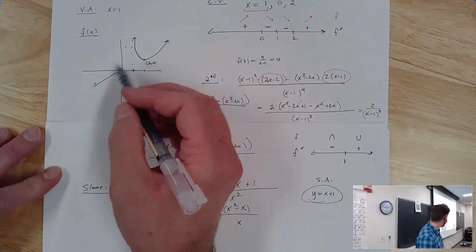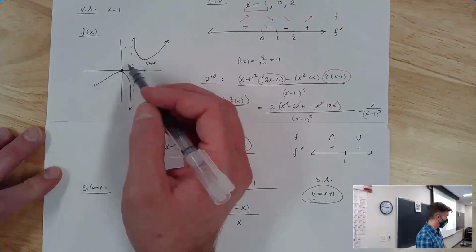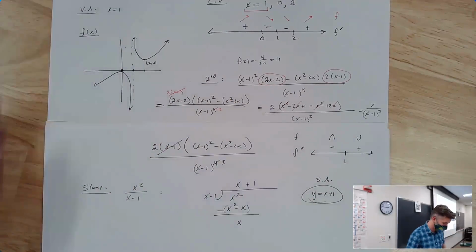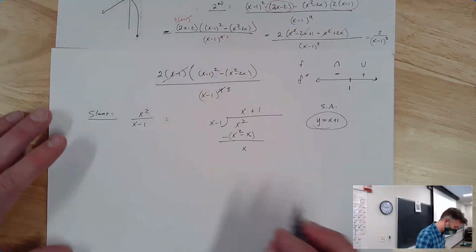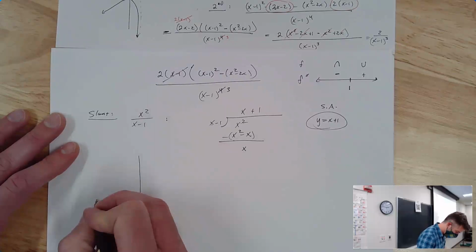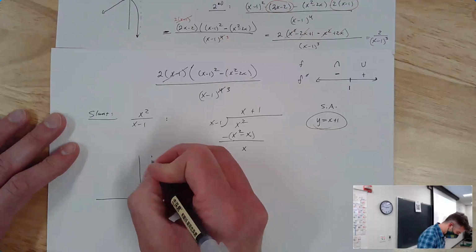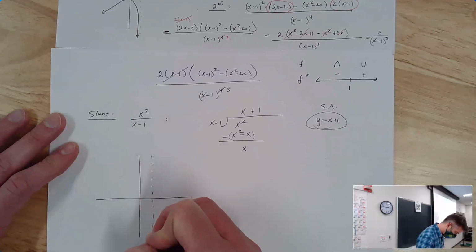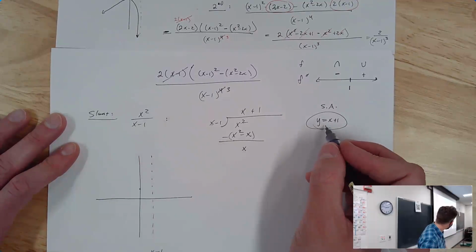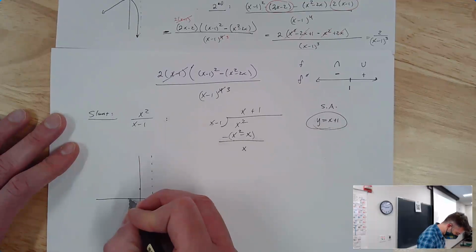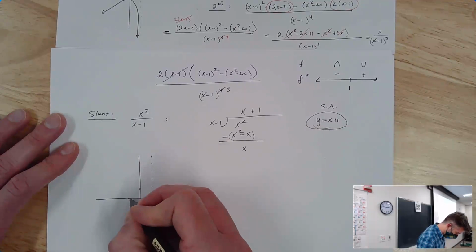Which, my graph does not seem to indicate that, right? I definitely graphed this not perfectly. So I would go back and say, okay, let's make the graph actually not suck. So here's my vertical asymptote at 1. My slant asymptote is x plus 1, so I need to go through the y-intercept of 1 and the x-intercept of -1.